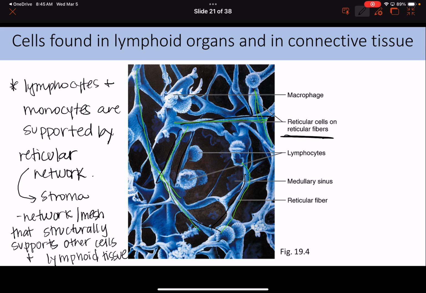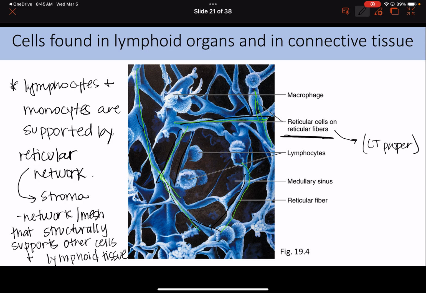And these reticular cells, their tissue type is connective tissue proper. Do you guys remember the cell type that makes up our dense regular connective tissue? What they're called? They start with an F. Fibro something.